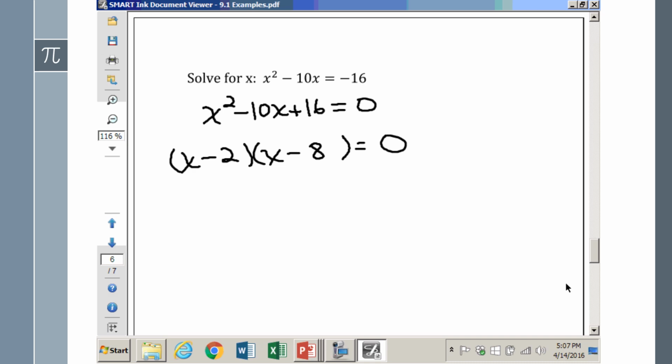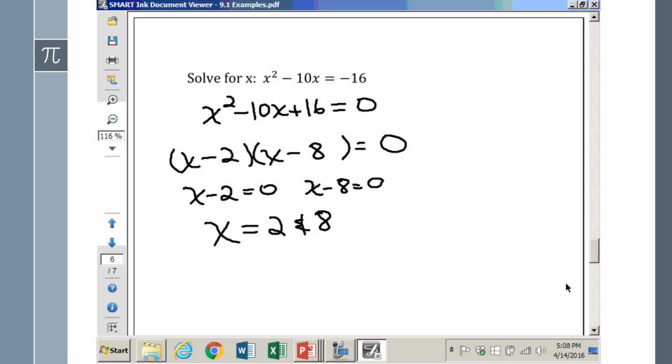Just as a quick refresher, the factors of positive 16 that add up to negative 10. So we're going to now set each factor equal to 0, and in both cases, we simplify and we find out that x would be equal to 2 and 8. Both values are checkable.